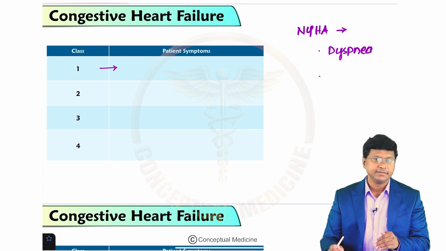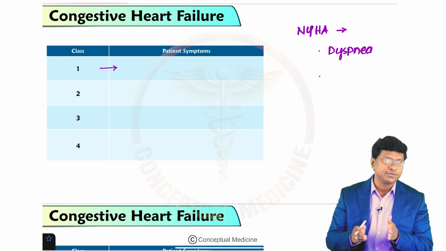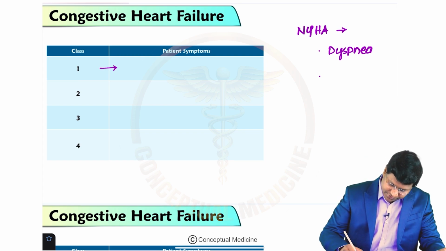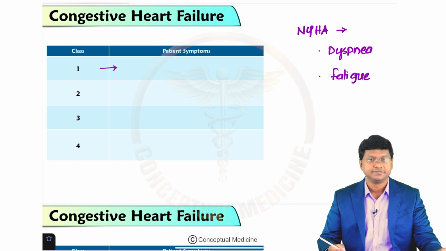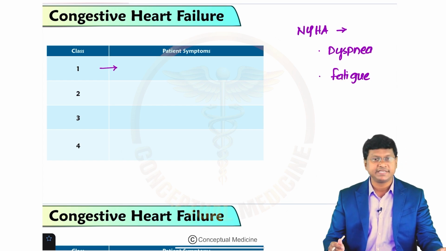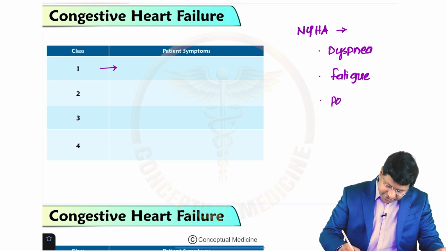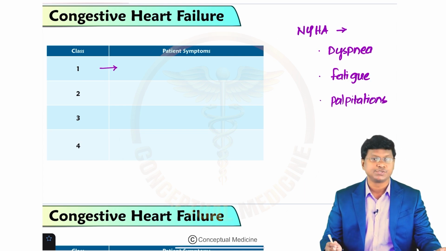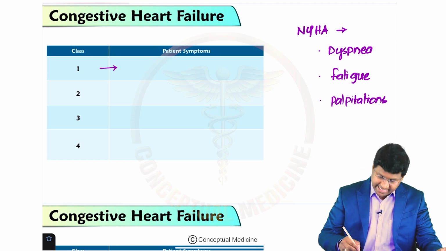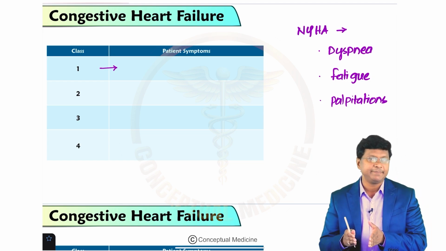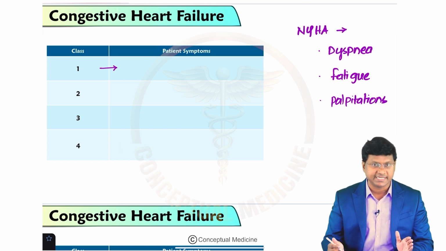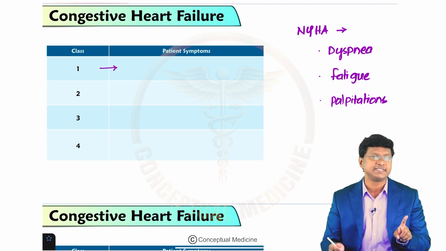Apart from the dyspnea, the other parameters taken into consideration are fatigue, because in patients with left heart failure there is decreased cardiac output and thereby perfusion to the organs is reduced, which makes the individual develop fatigue, and palpitations. These three parameters are explained under the NYHA classification. Remember, it is not just for dyspnea.